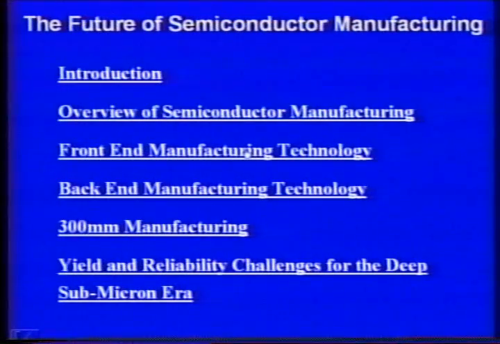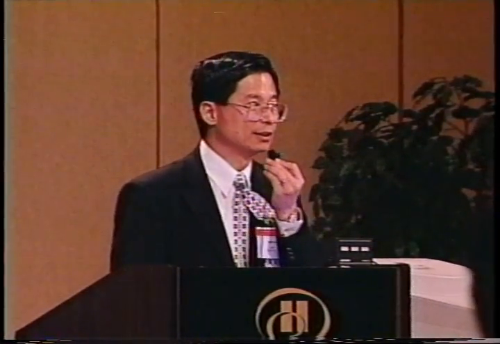You have heard the overview, covering all the way from the exploratory, the research type of new device structure materials, and also the down-to-earth manufacturing and fab operation, supply chain stuff. So in the next session, we'll try to get you to think about the front-end manufacturing technology.